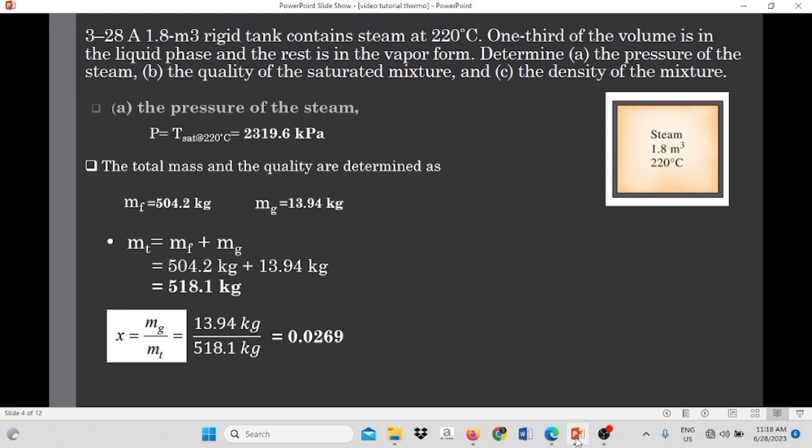Then we're going to find the density of the mixture. The equation for density is rho equals 1 over specific volume. The specific volume is 0.03474 cubic meter per kilogram. I'm going to show how we come up to this value.